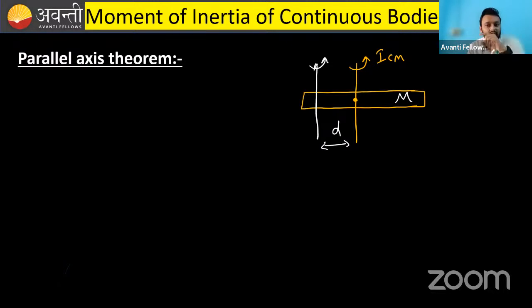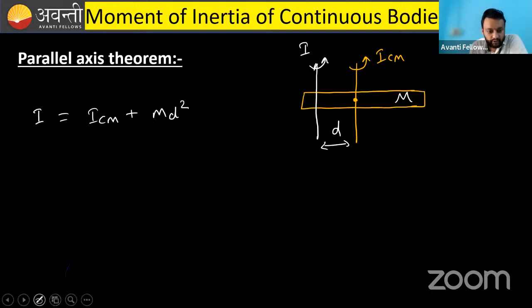So the parallel axis theorem says the moment of inertia of the body about any axis which is parallel to the ICM axis is equal to ICM plus md square.